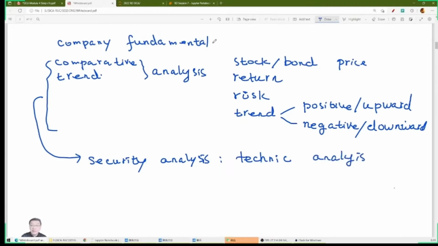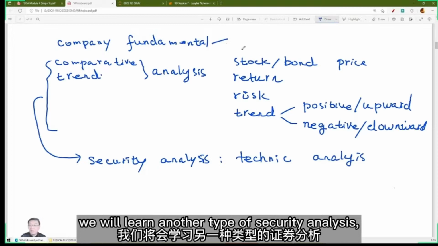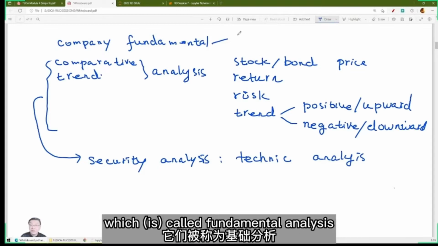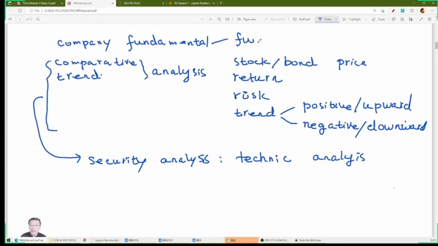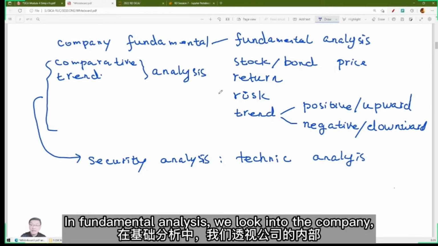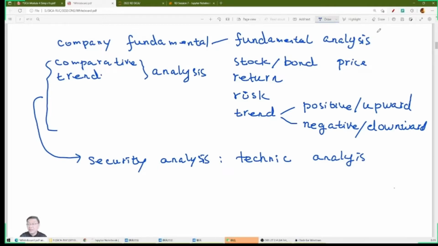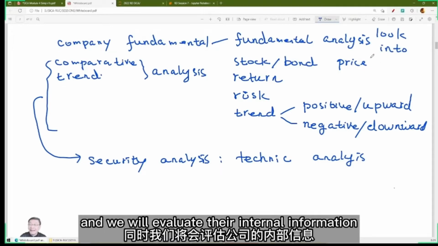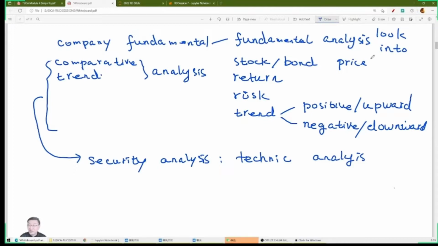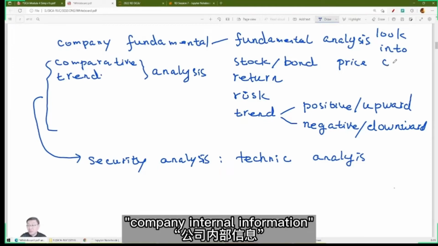Starting from today, we will learn another type of security analysis, which is called fundamental analysis. In fundamental analysis, we look into the company. And we will evaluate their internal information, company internal information.